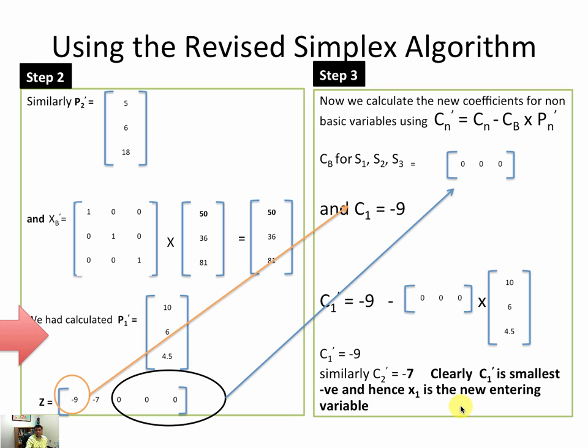Similar to the simplex method using the Tableau, where we identified if there is still a negative value in our optimal row calculation, we calculated C1 and C2 for non-basic variables, and if any one of those is negative, we pick the most negative one. In this case the most negative is minus 9. That means C1 prime is the smallest negative, and hence x1 is the new entering variable.